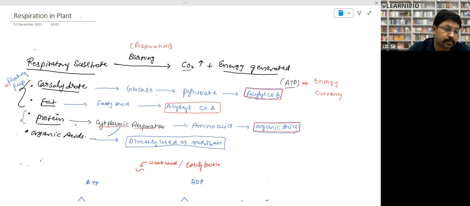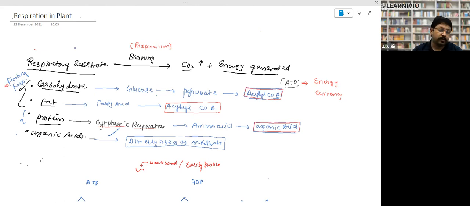Now look. Respiratory substrates are carbohydrate, fat, protein, and organic acid. Burning of these takes place. The carbohydrate can burn inside the body of the plant, and the respiration part is the same in plants and humans.